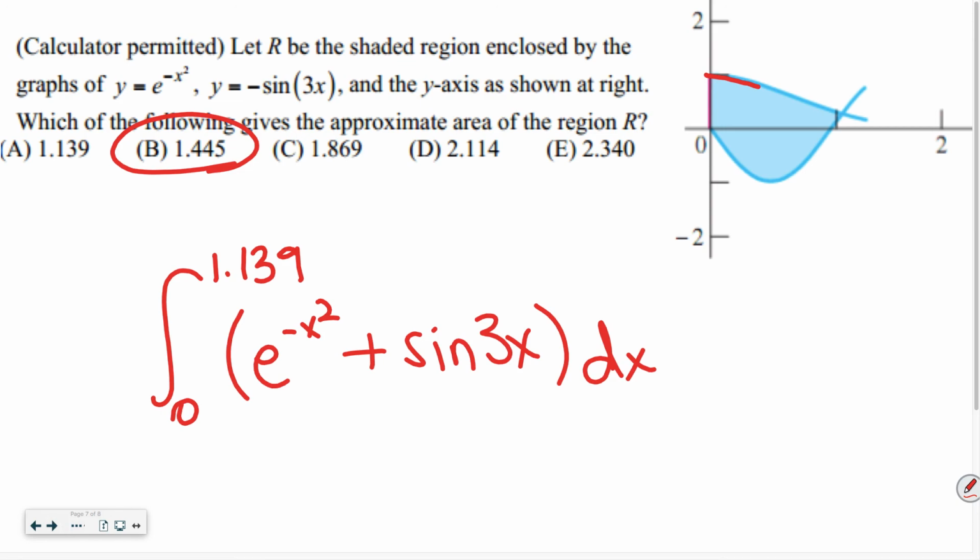Now, is anybody wondering why this was a positive number? I'm going to go back to that last example. Did anybody expect that to come out to be negative? If I asked you for this area, what kind of area would it be? It would be negative.